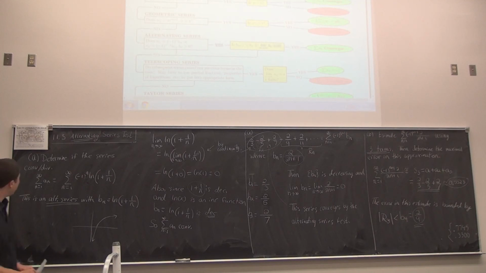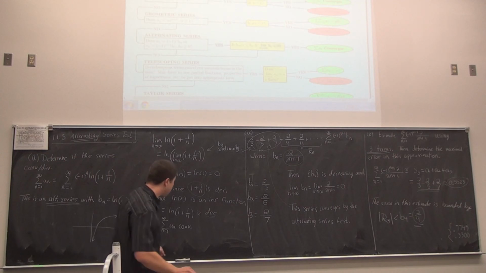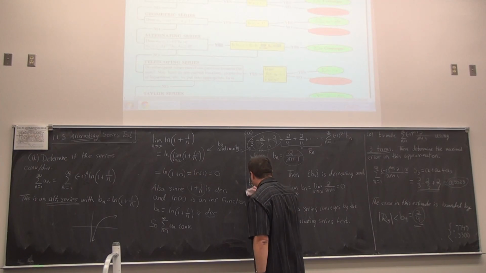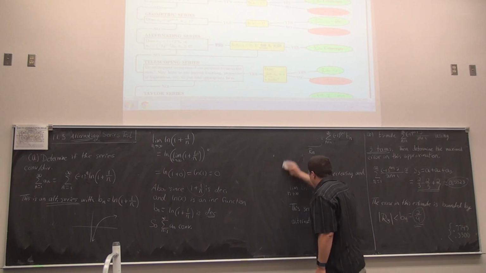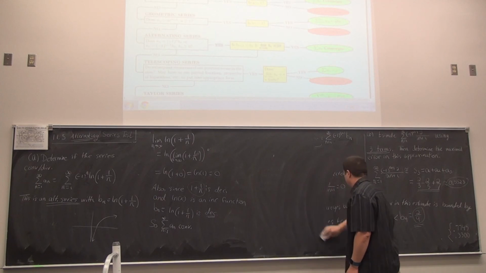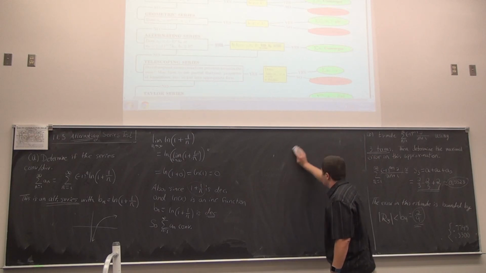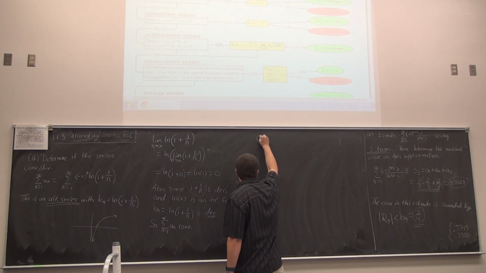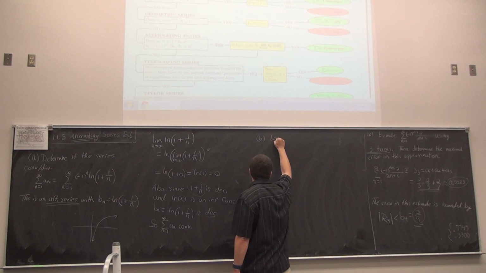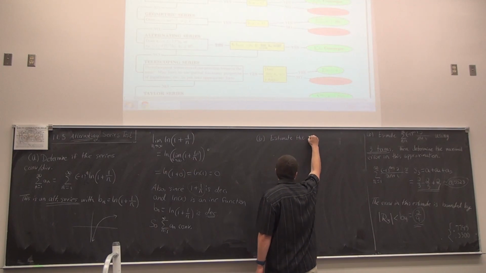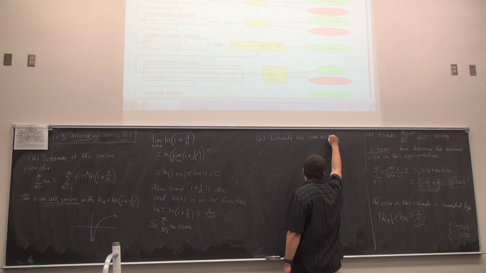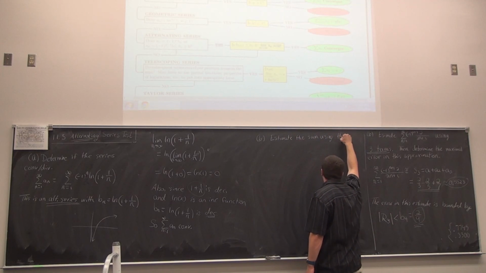Okay, so now we know that this is a number, some kind of number. We want to put an estimate down to it. So let's give that a try next, and then we can call it a day. So part B is going to say to estimate the sum using, let's go with 4 terms to make it interesting.